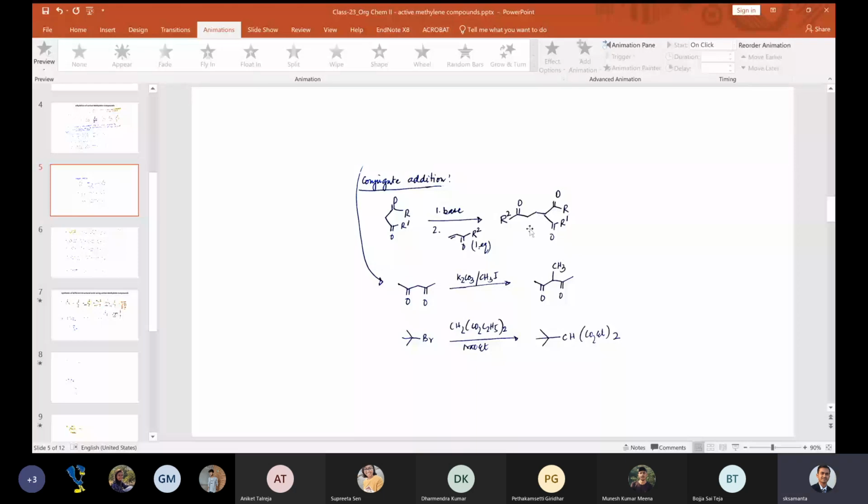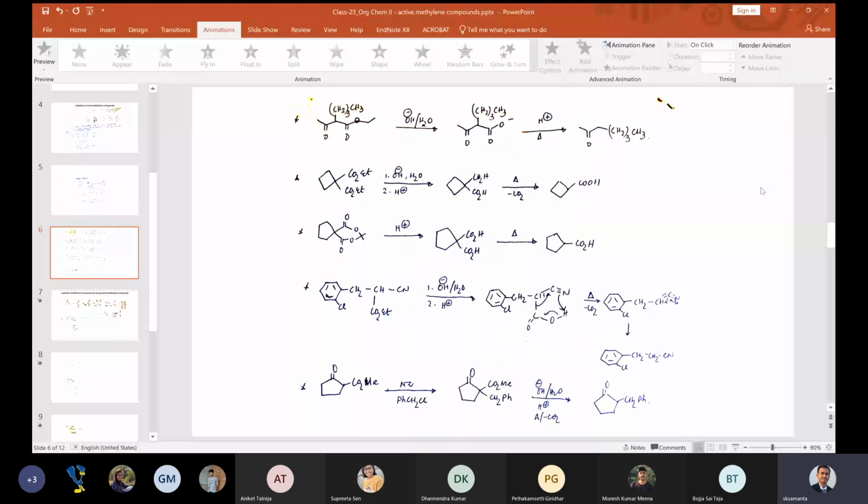Now let's see the third type, that is the decarboxylation step, which we will be using extensively in the following examples, a very powerful way to attach different functional groups. So this is ethyl acetoacetate.